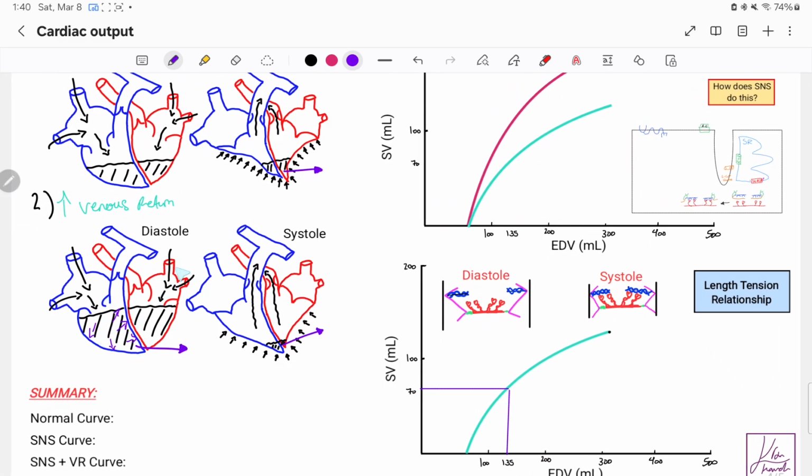The blood that's coming in because of the increased venous return is going to fill up this ventricle and push on the walls of the ventricle, making the myocytes super stretched. If the myocytes are stretching, they are reaching a sarcomere length that is more optimal for contraction, and that is the Frank-Starling law.